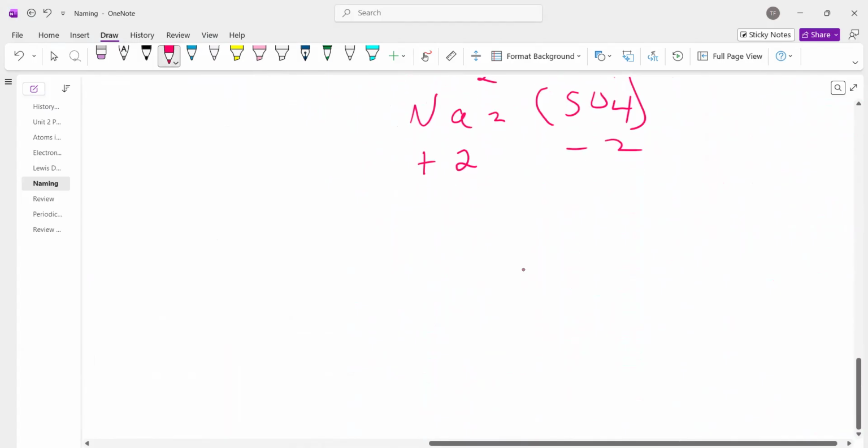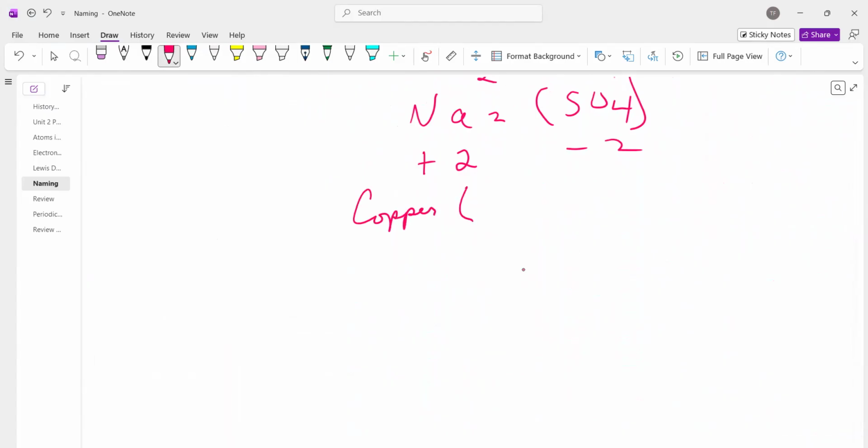Okay, so let's write the formula for this name. Now that's Roman numeral 2. You need to know the Roman numerals 1, 2, 3, 4, 5, and 6. 1, 2, 3 is I, II, III. 4 is IV, 5 is V, and VI is 6.